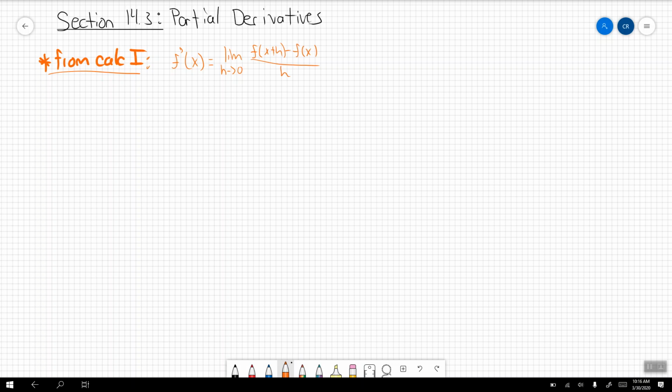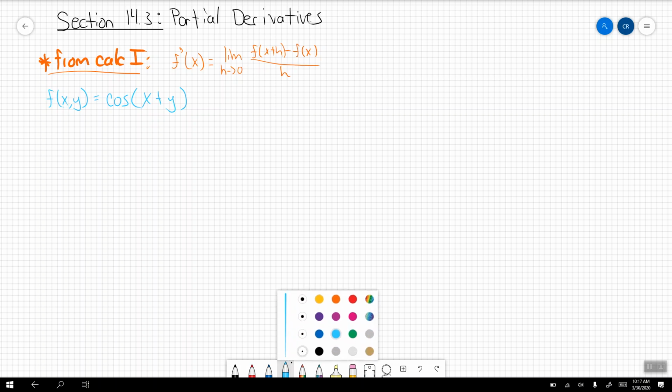Now, the reason why I want to call that into view is because when we start dissecting certain functions, let's say we had a function f of x, y is equal to cosine of x plus y. Then here we have this function where the domain is all the ordered pairs in the x and y coordinate system.